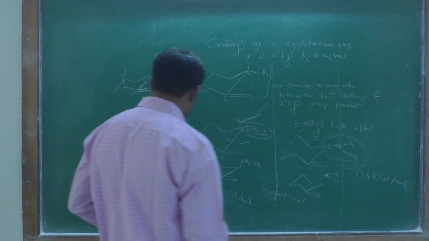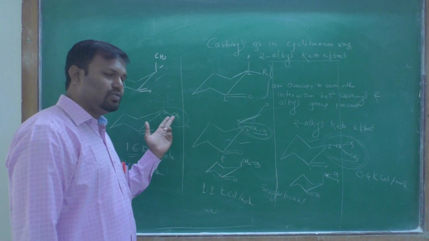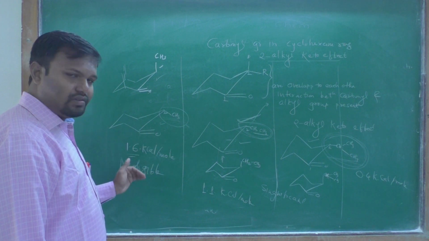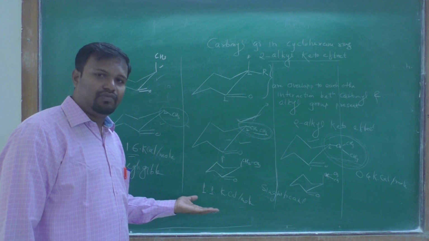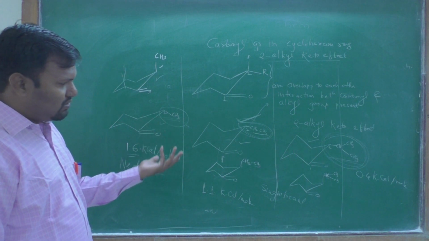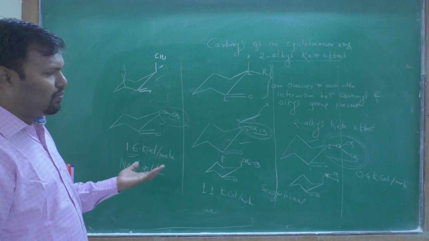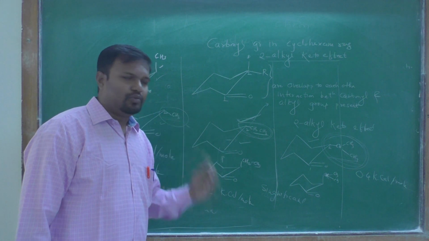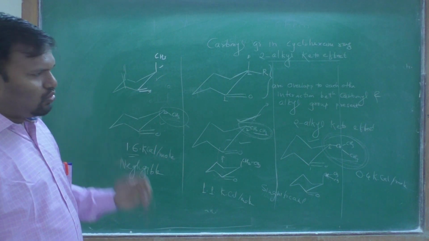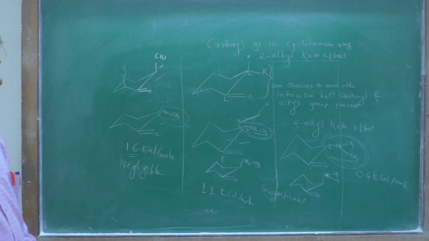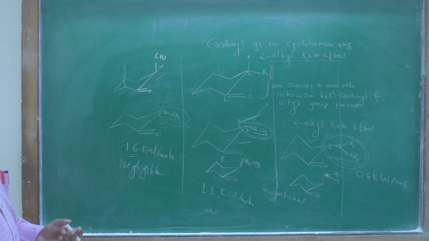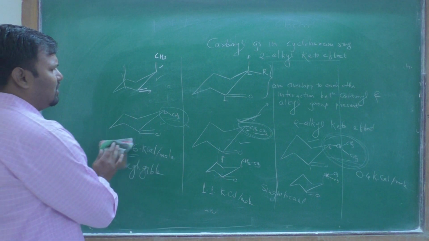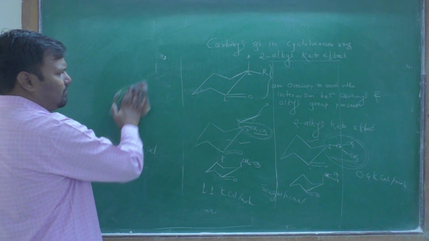But if a methyl group is there at the 2 position, the effect is not found much, as is found significantly when an ethyl group or an isopropyl group is present at the 2 position. Okay, this is our 2-alkyl keto effect.